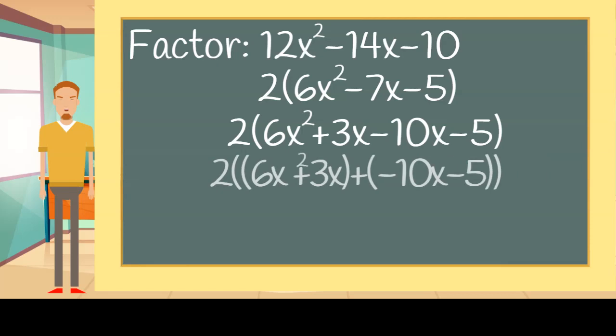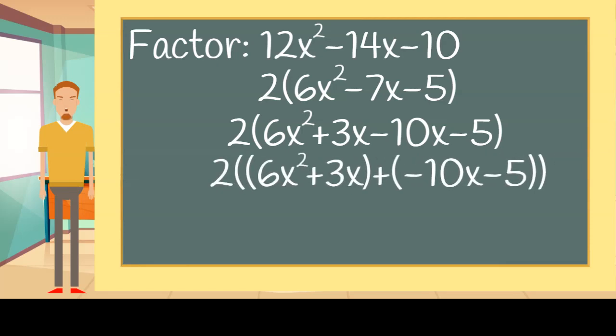The first group is 6x squared plus 3x, and the second group is -10x minus 5. The GCF of the first group is 3x. The GCF of the second group is -5. Since we factor out -5 in the second group, then we must change the signs of the terms.